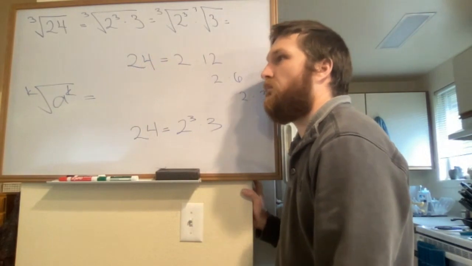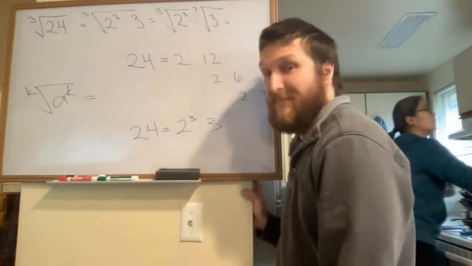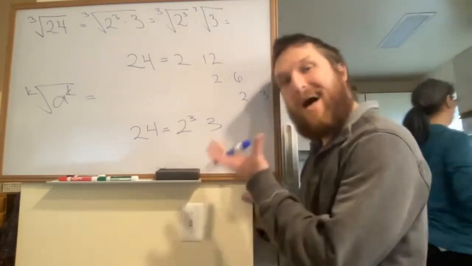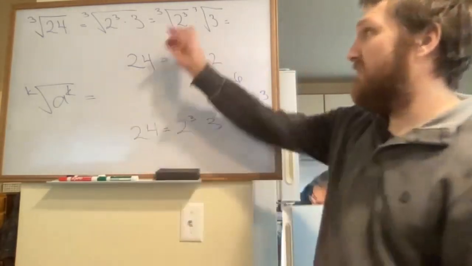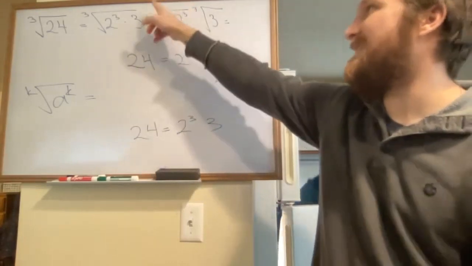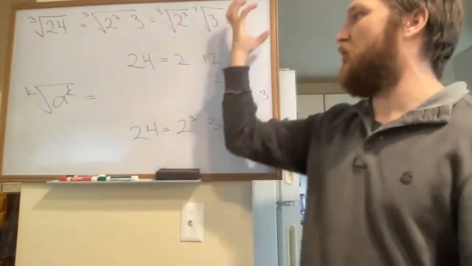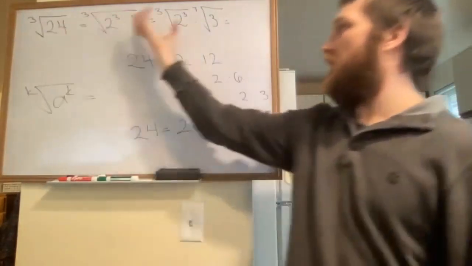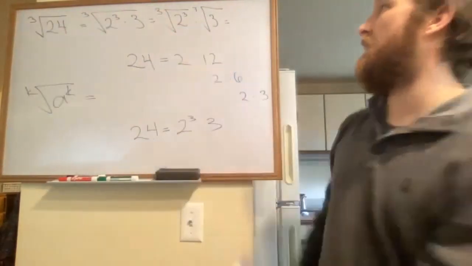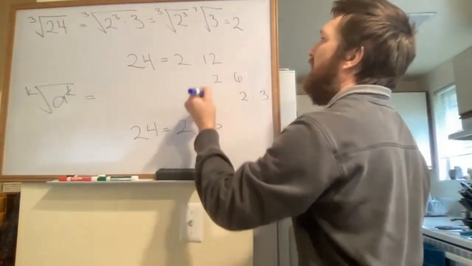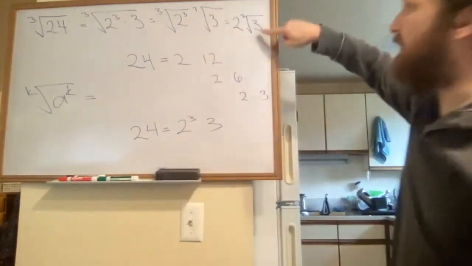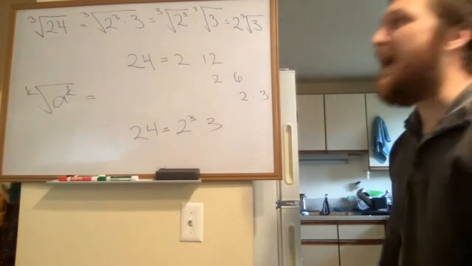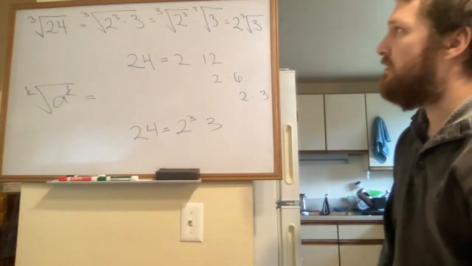It's just going to be 2, isn't it? Exactly. And this is why it's nice to do this, because then I could just see, oh yeah, 2 to the 3rd, the 3s, and that's the idea, right? You took a number and you cubed it, and then you uncubed it. It just comes back to whatever that number is right there. And then that's times the cube root of 3. That can't be factored down any more than that, right?